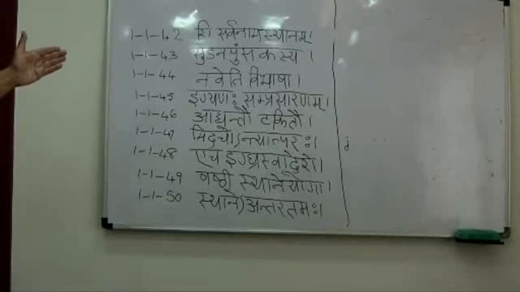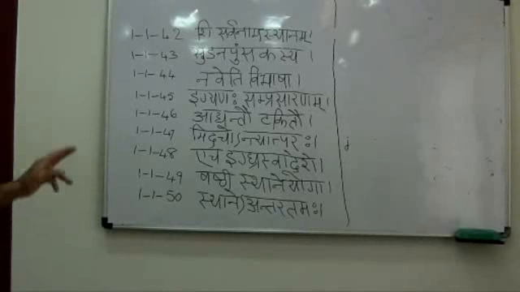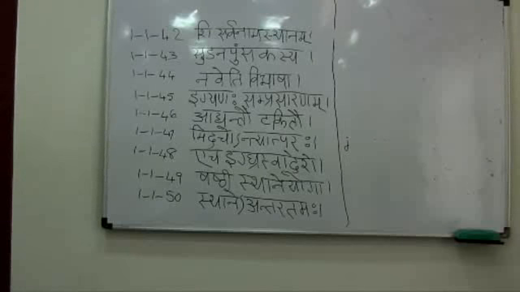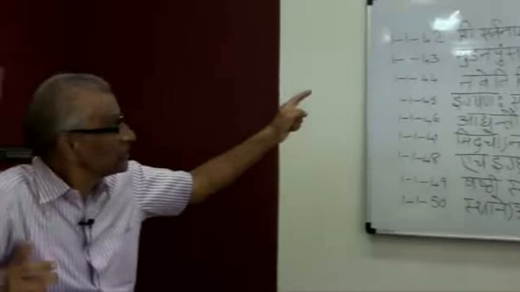The earlier sutra refers to Napumsakalinga Shabdas. Here, Anapumsakasya Sarvanamasthānam Kim? When you are questioned, what is the Sarvanamasthānam as far as Anapumsaka Shabdas are concerned, that is Pullinga Shabdas or Srilinga Shabdas, that is Sut is Sarvanamasthānam.